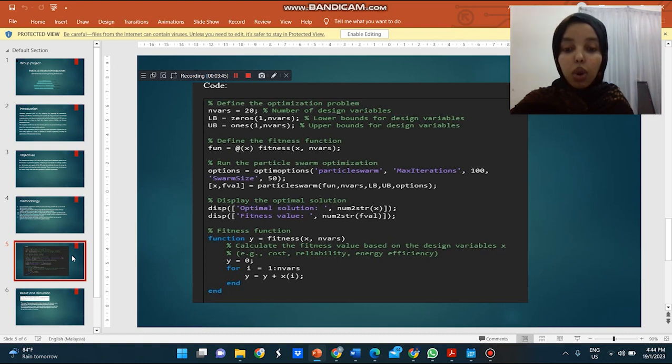The particleswarm function is used to search for the set of design variables that minimizes the fitness function. The options input is used to specify the maximum number of iterations and the swarm size for particle swarm optimization. Finally, the optimal solution x and fitness value are displayed.